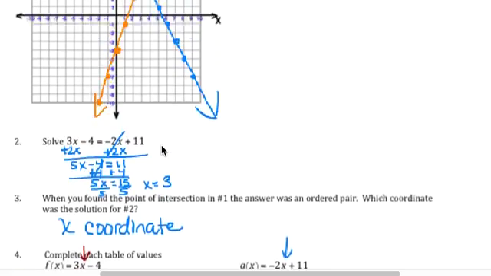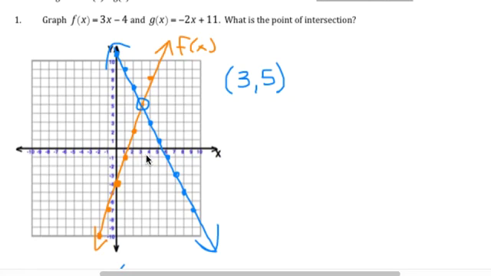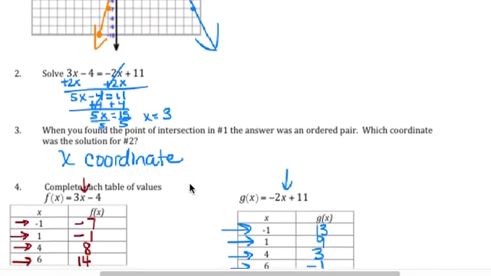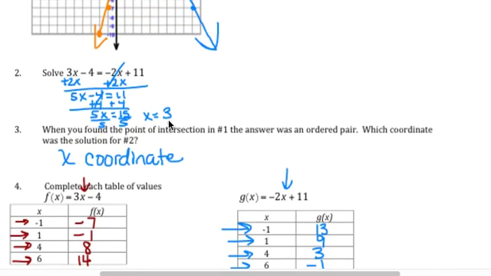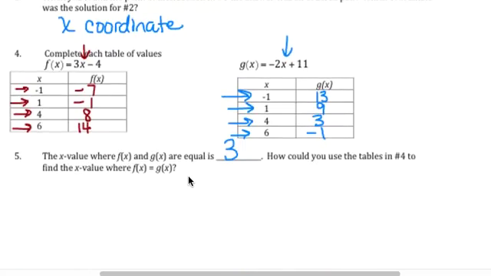You can see that easily here in the graph. When x is 3, that's where they cross, correct? And when you solved here, you got x equal to 3. Okay? How could you use the tables instead of the graph and the algebraic equation solving that we did in 1 and 2? How could you use tables to come up with this value of 3? Nicholas?